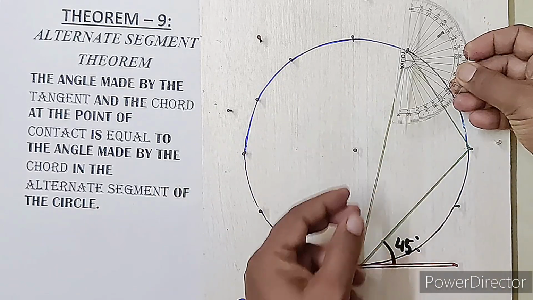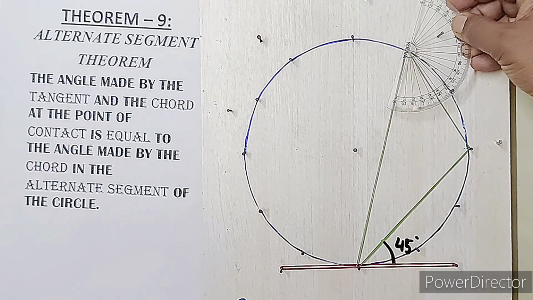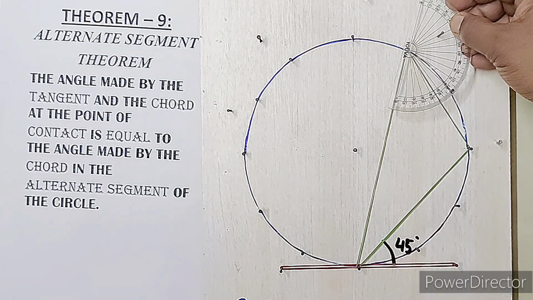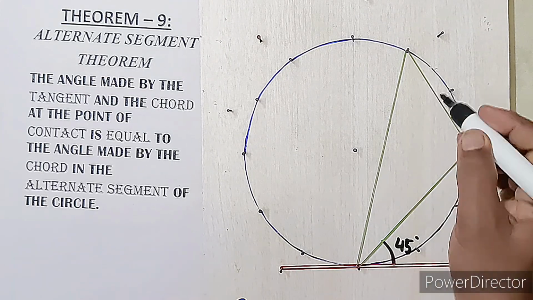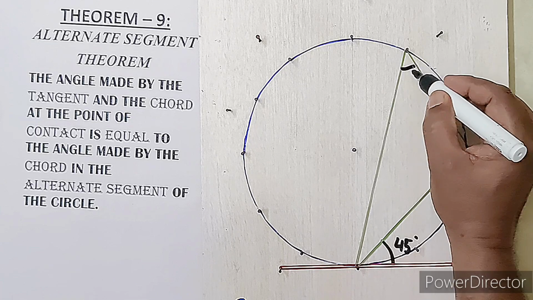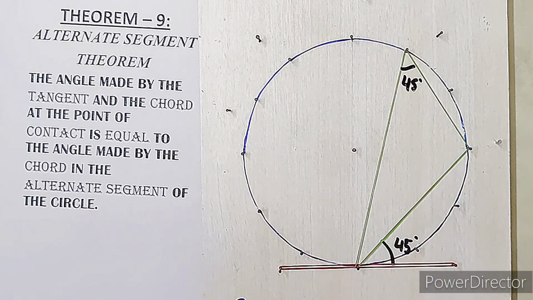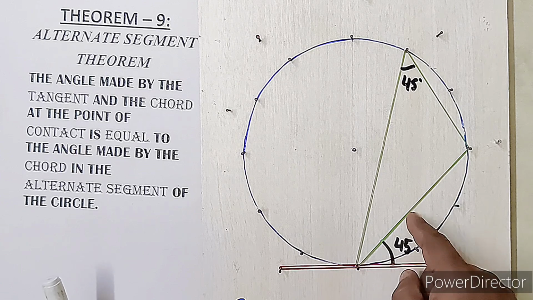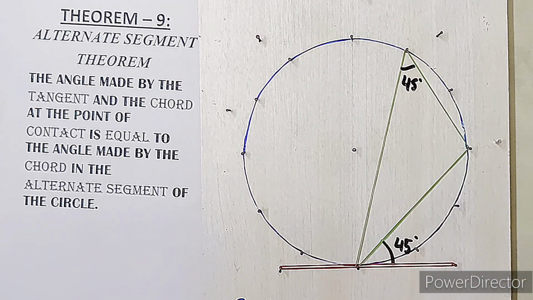So let us measure this angle. Keeping it properly, you can see it is coming at 45 degree over here. So that confirms that the angle made by the tangent and the chord is equal to the angle made by the chord in the alternate segment.